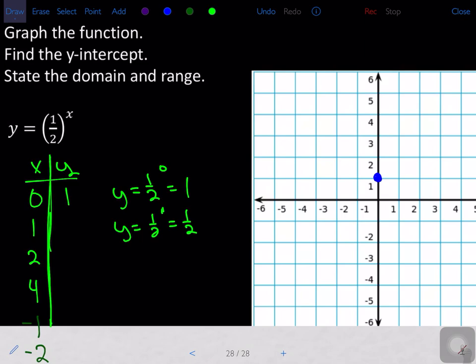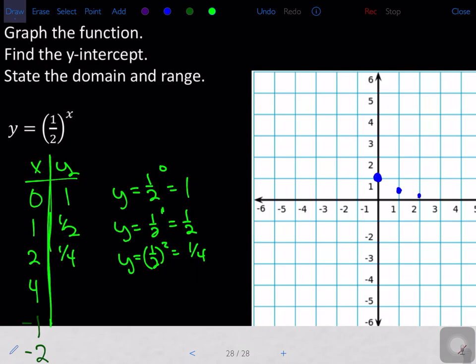So at x equals 1, we're at 1/2. Now that's not quite what the other one did, right? You're noticing that. y equals 1/2 squared. That's 1/4. So at x equals 2, we're at 1/4. So we got a little closer.